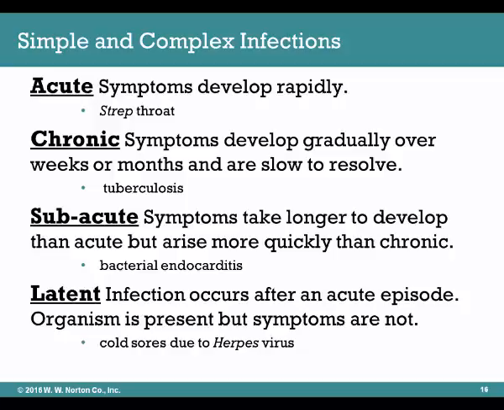You have symptoms, the symptoms go away, the microorganism is no longer in your body. End of story. But in the case of more complex infections that are chronic, either the symptoms are acute and then go away and then appear later, or they can develop gradually over weeks or months or a lifetime.